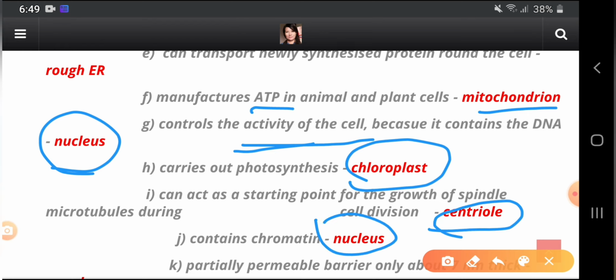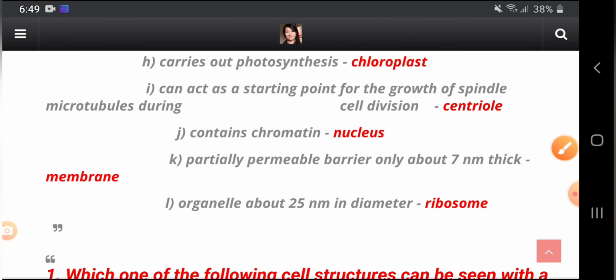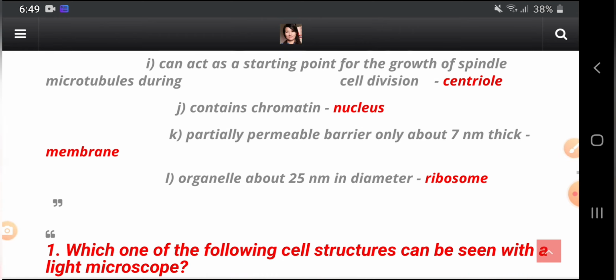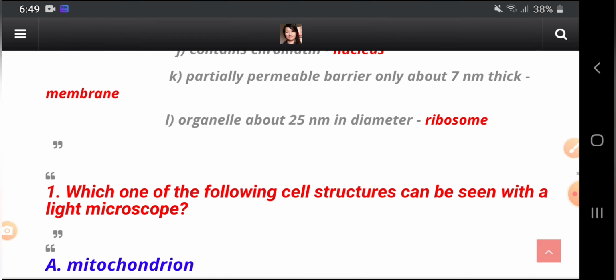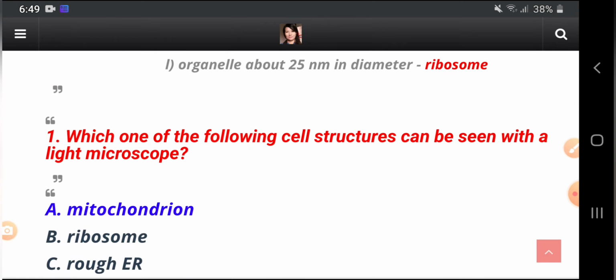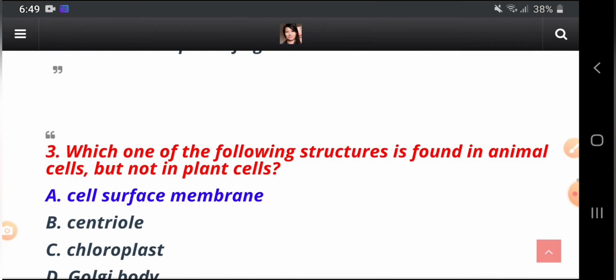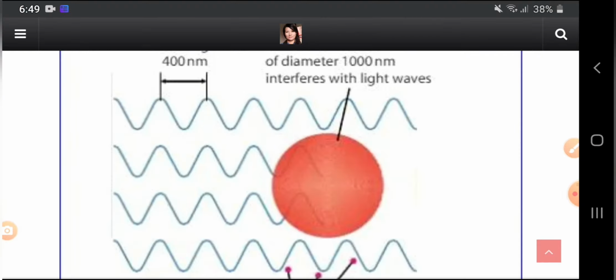Contains chromatin, that is nucleus. Partially permeable barrier, only about 7 nanometers thick, that is membrane, and organelle about 25 nanometers in diameter, that is ribosome. So here is one more MCQ question that is already given.